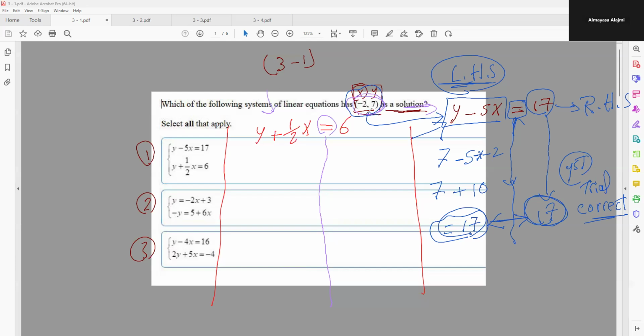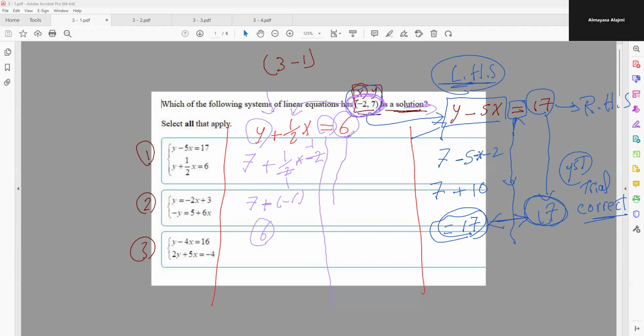Substitute the values of -2 and 7 in this one. The value of y is 7 plus half multiplied by -2, divided by 2, equal to 1, divided by 2 is equal to -1. It will be 7 plus -1. The value will be 6.